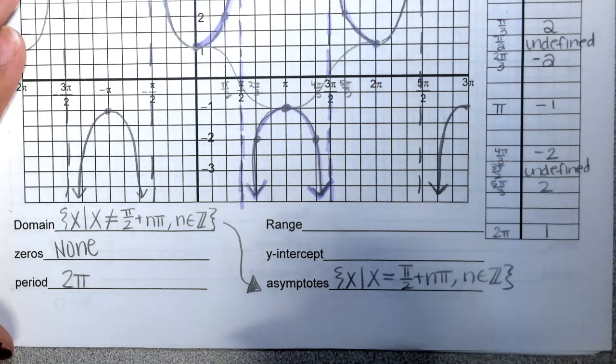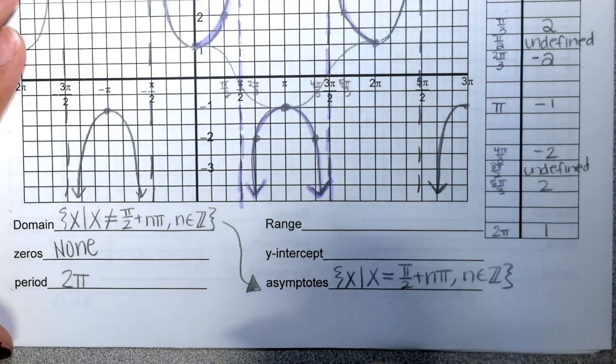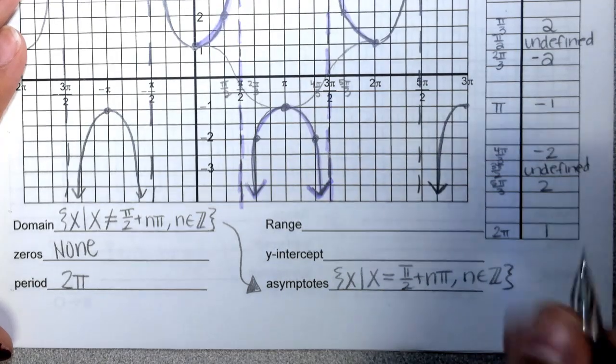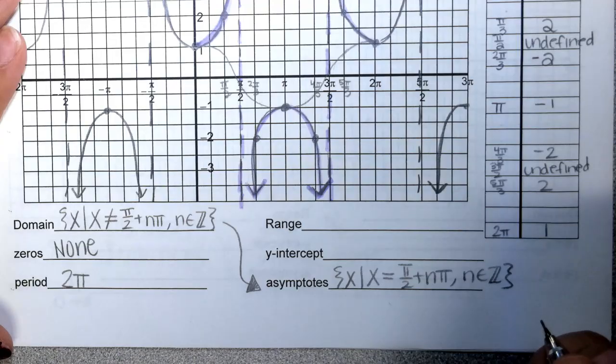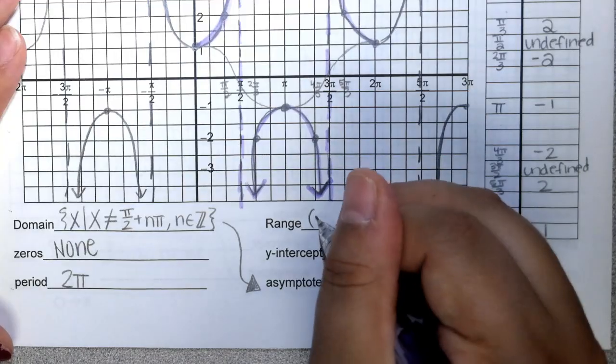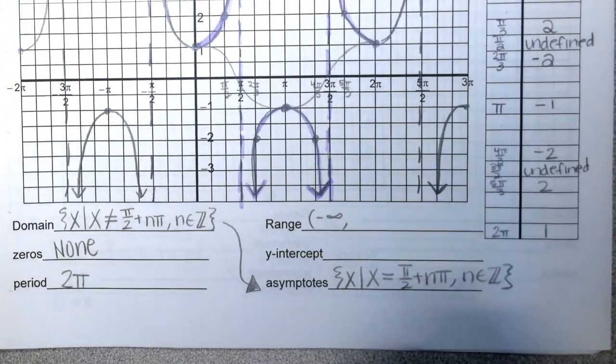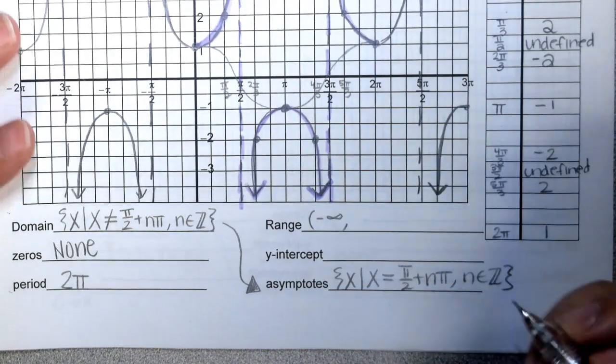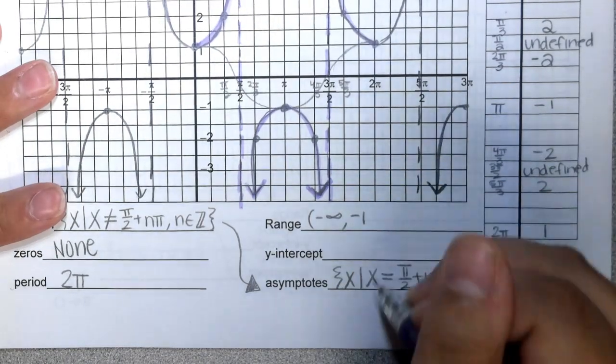Now my range on this is a little different than any of the ranges we've done. What's the range going to be? Low to high. What's the lowest it goes? Negative infinity. You have to have a parentheses, negative infinity. Then it goes up to what? -1.